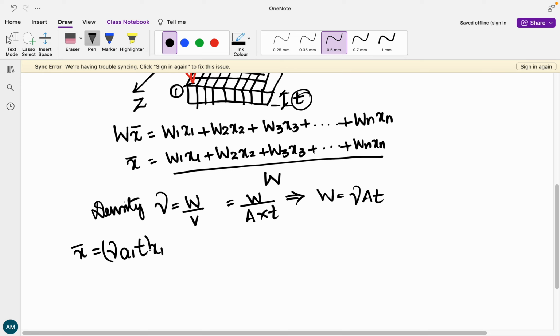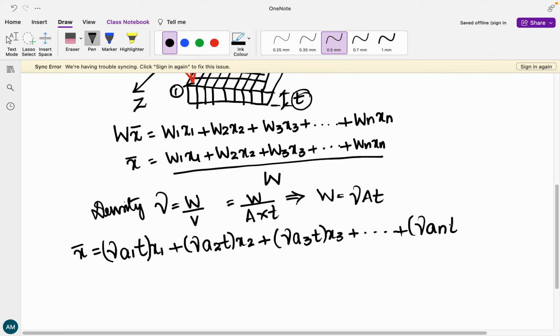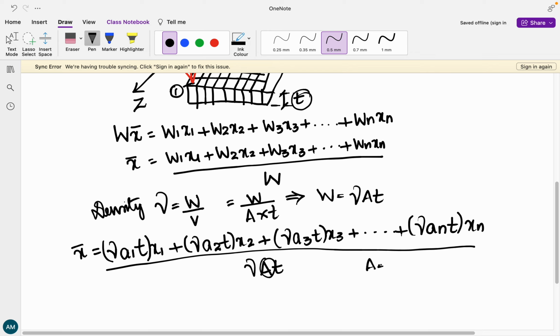This is nothing but W1, plus gamma constant, A2 area changes, thickness again constant, into x2, plus gamma A3 into T x3, so on till gamma An into T into xn, entirely divided by W, which is gamma into A into T. This A is nothing but A1 plus A2 plus so on till An.